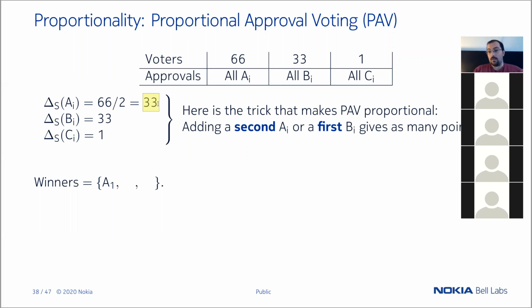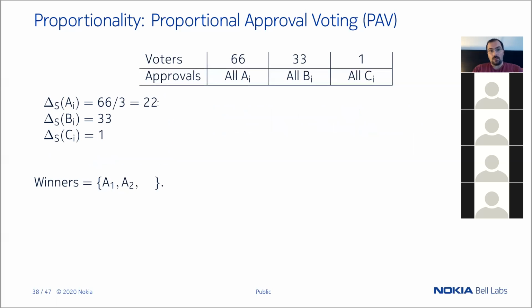So here I can add either candidate A or candidate B, it doesn't matter. And then, of course, now it's not interesting anymore to add a candidate of type A, and I will immediately add a candidate of type B. So, of course, I have 2/3 of candidates A, 1/3 of candidates B, and my result is proportional.